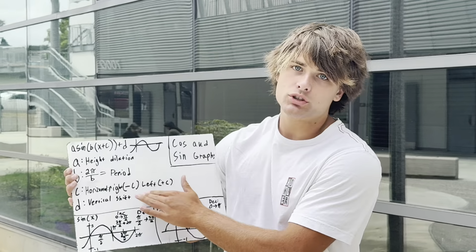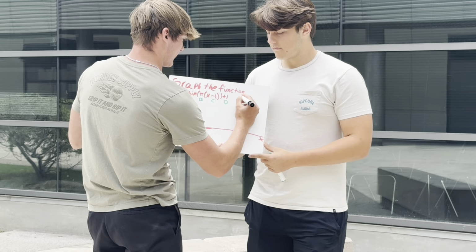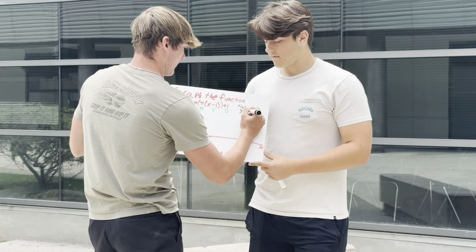Alright, so eventually we're going to be graphing this function, but to start off, we're going to show you how to graph just sine x. So the function would look something like y or f of x equals sine x. So what you would do is you would start in the center, and you have an amplitude of about 1. So you have 1 and negative 1.